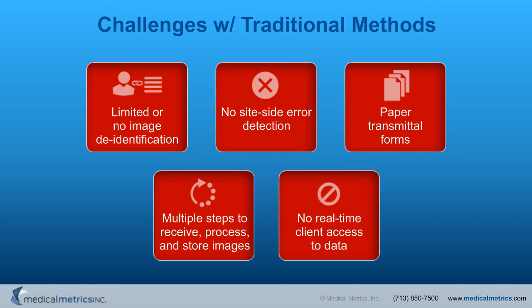While the images are en route to the core lab, there is no opportunity for third parties, including the sponsor or the CRO, to view the images or see what the sites are sending in real time. The images become visible only after they have been cleared of discrepancies and loaded into the core lab system. From our experience, sponsors are demanding greater transparency and visibility to their data, and our partners need a way to monitor site performance.